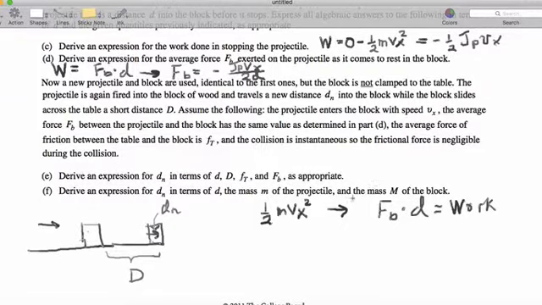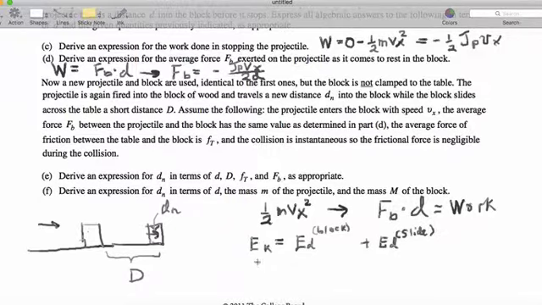Since this kinetic energy is exactly equal to this work, we have some kinetic energy at the beginning that gets turned into dissipated energy at the end. I have this E kinetic in the beginning, and that gets turned into two types of E dissipated: the E dissipated by being embedded in the block, and the E dissipated by the whole block sliding.